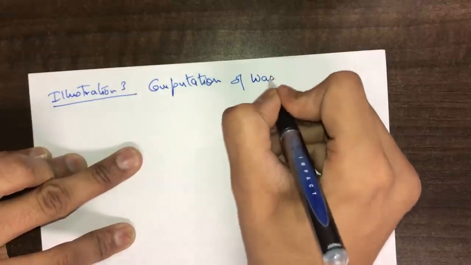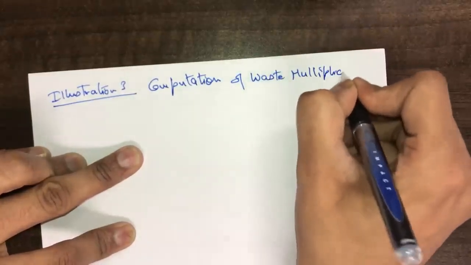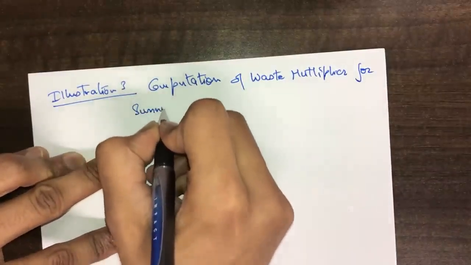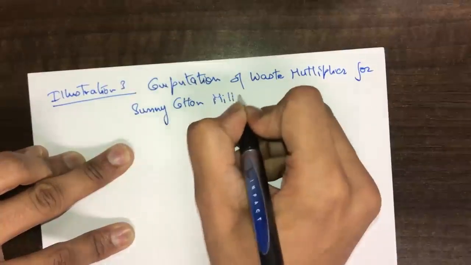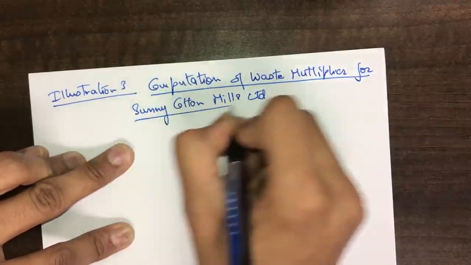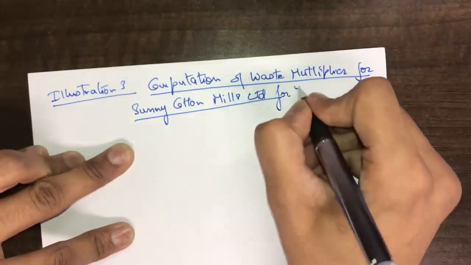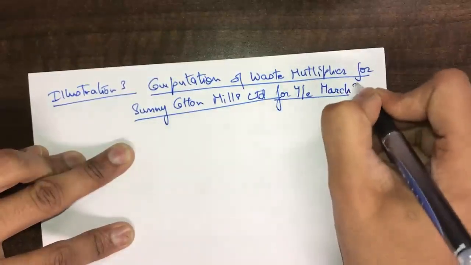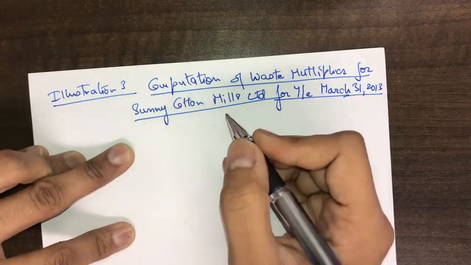Computation of waste multiplier for Sunny Cotton Mills Limited for the year ended March 31st, 2013.